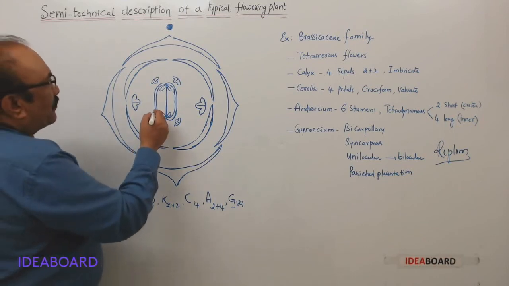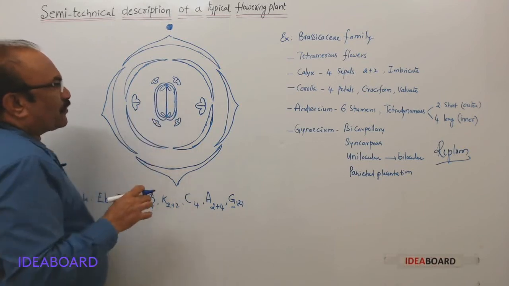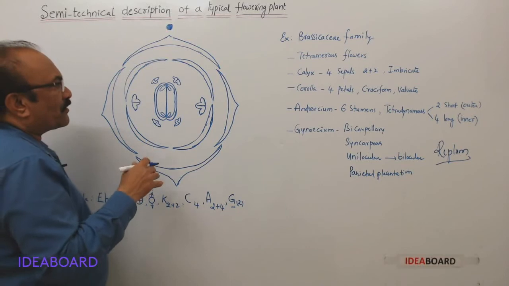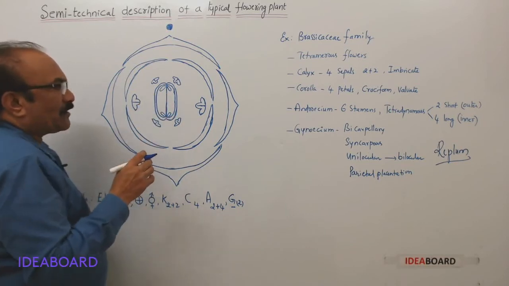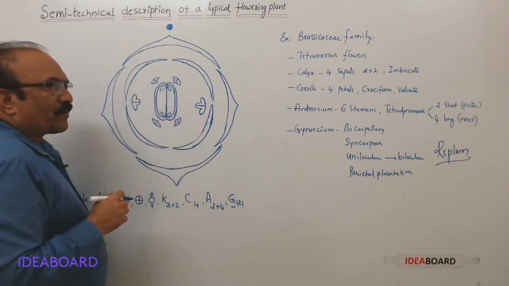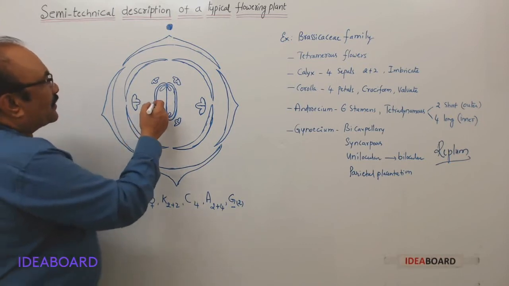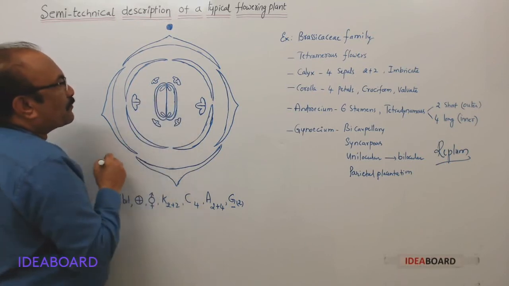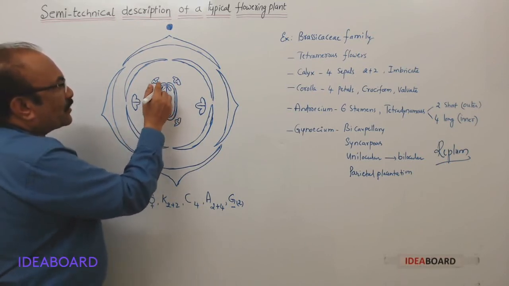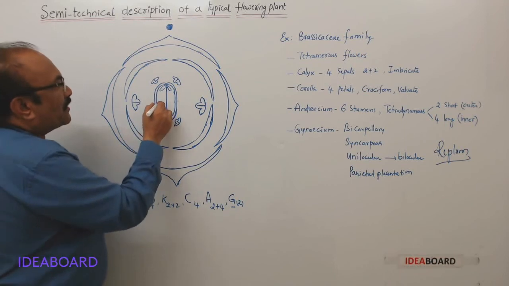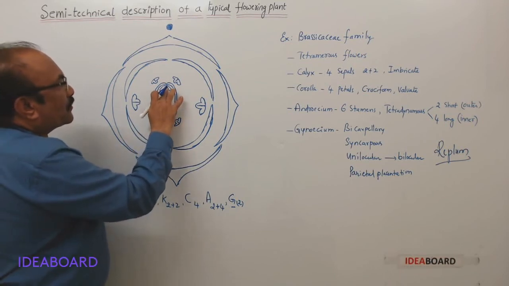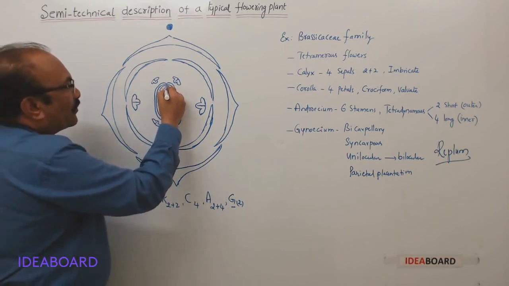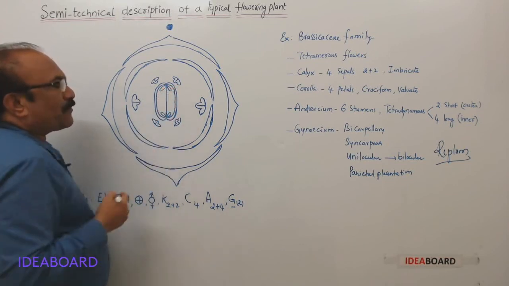Okay, and now when we come to the gynoecium, we can't draw the entire gynoecium, that is stigma, style, ovary, in the floral diagram. Only the TS of ovary is represented in the floral diagram, and it is showing two carpels, so bicarpellary, and they are united, so syncarpous, and actually there will be one locule initially, but later one false septum called replum develops.